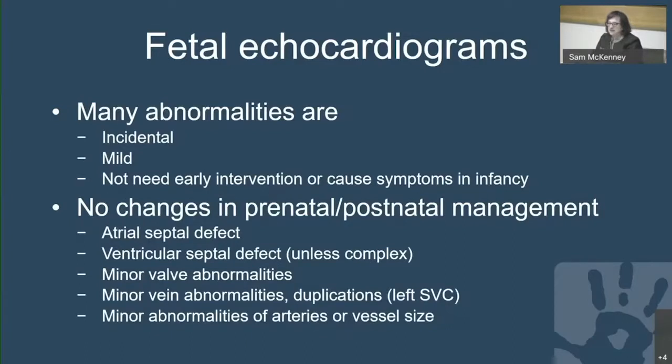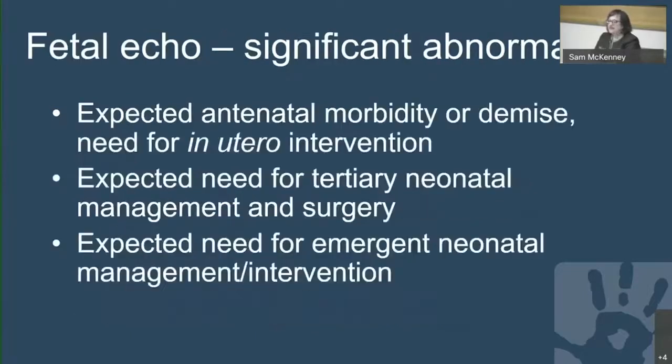These would include things like atrial septal defects, ventricular septal defects, unless a very complex type, minor valve abnormalities, minor vein abnormalities, such as a duplication of left SVC, and minor abnormalities of arteries or vessel size. There are, however, significant abnormalities that we can pick up, and these fall into what I would categorize as three groups.